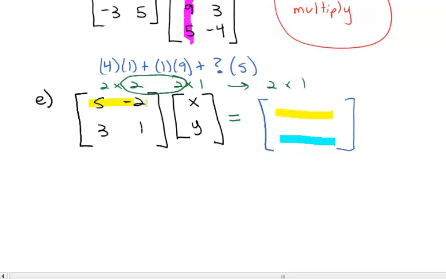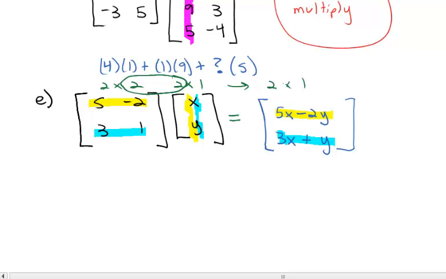So we're going to multiply the first row times the first column. 5 times x minus 2 times y. The second entry comes from the second row and the second column. That's 3 times x plus 1 times y.